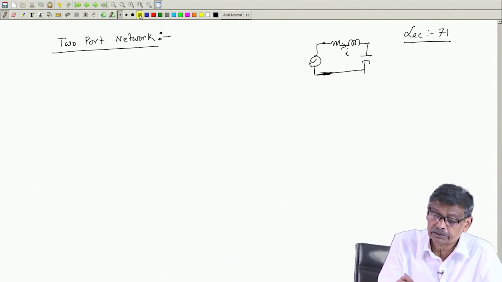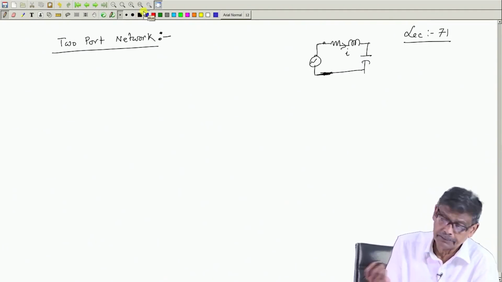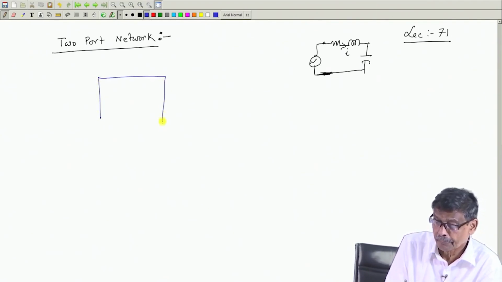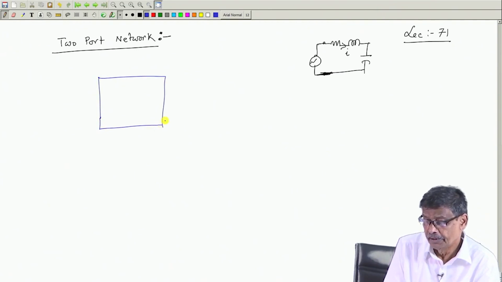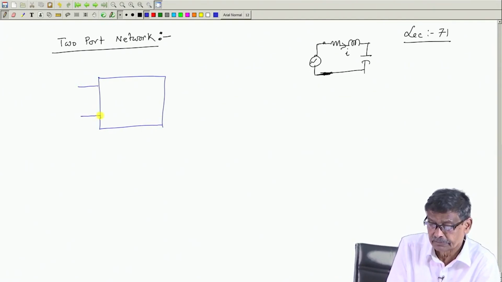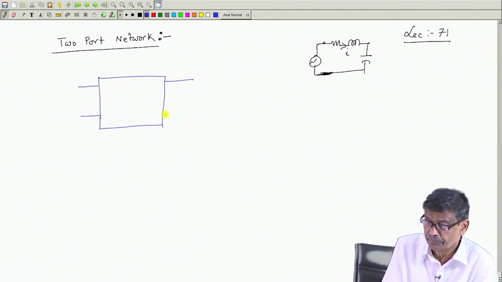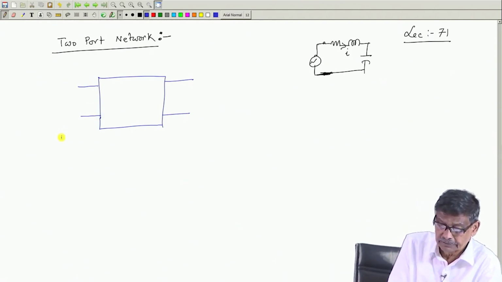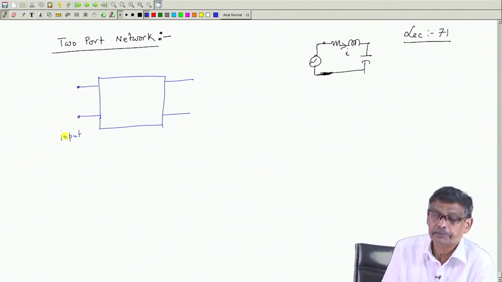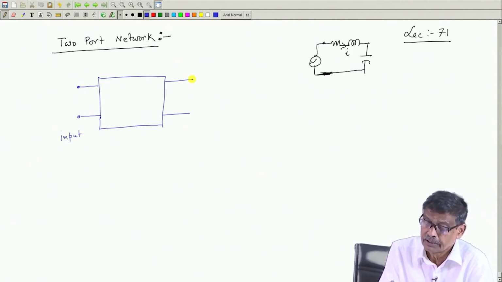But what is a two port network? A two port network, as a black box, I first draw, will be a network where two terminals will be available for input. Across these two terminals you connect the input voltage source or current source, and across these two terminals you get the output.